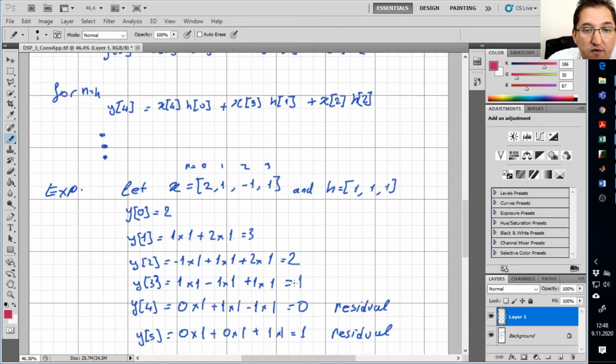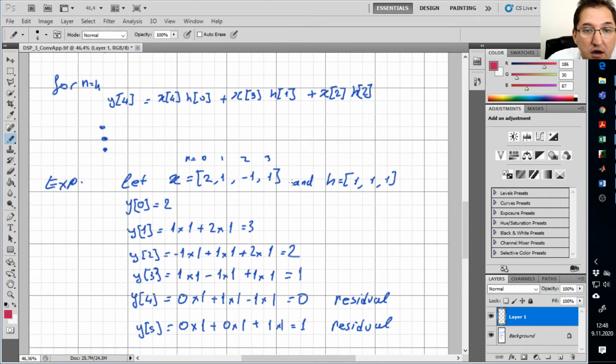For the next step, y3, we have this input right now: 1 times 1, minus 1 times 1, and 1 times 1. After n equals 3 we can get some more outputs. For y4, xn is x4, which is 0, so 0 times 1, but inside we have memories and they have their own outputs: 1 times 1 and minus 1 times 1, so the output is 0.